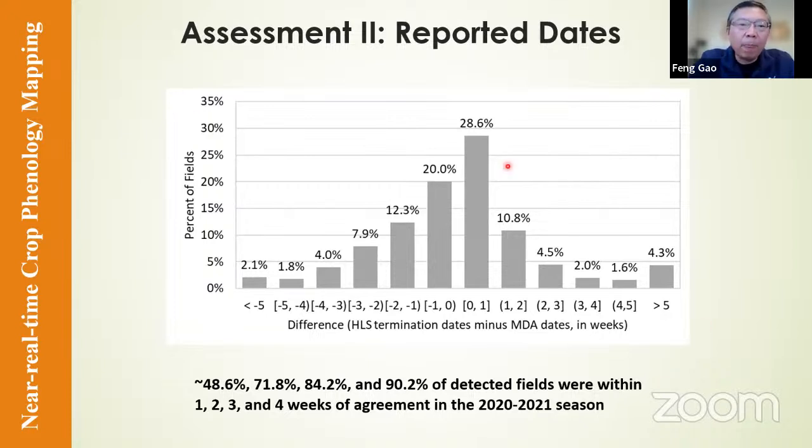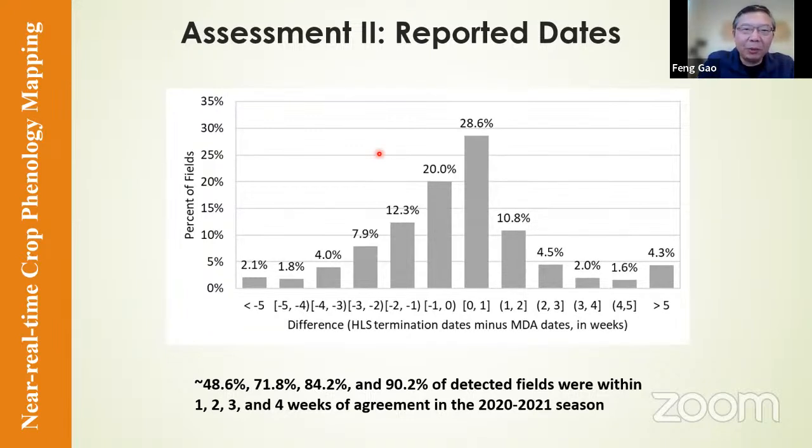If Maryland can accept a difference within 2 weeks, then 71% have very good agreement. They don't need to visit the field, also determined by the magnitude or our confidence level. So that saves a lot of their time. They only need to focus on the probably 30% disagreement.